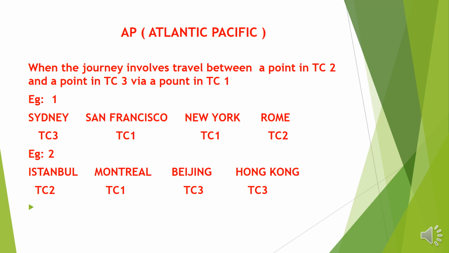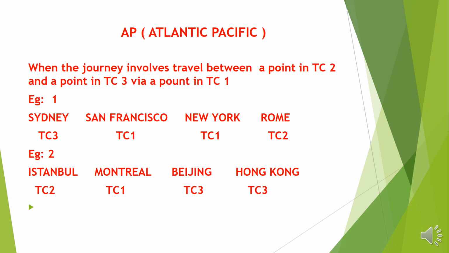Example 1, Sydney, TC3, San Francisco, 1, New York, 1, and Rome is in 2. So Sydney to San Francisco, 3 to 1, as we learned in the Pacific definition, any journey between 3 and 1 or 1 to 3 is Pacific.